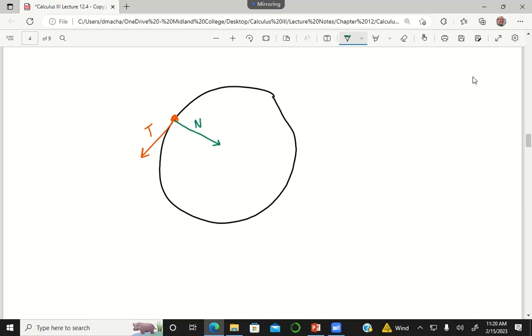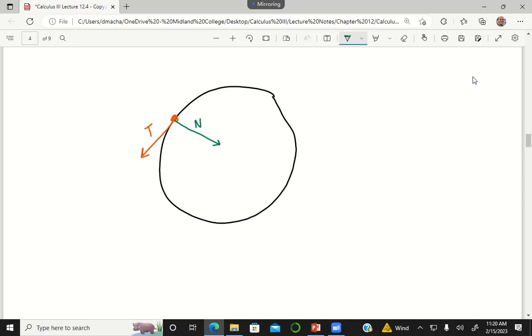I say that because if you've got an object that's traveling over time in a circular path, the velocity at any point is going to be tangent to that circular path, but the acceleration would be toward the center of the circle.